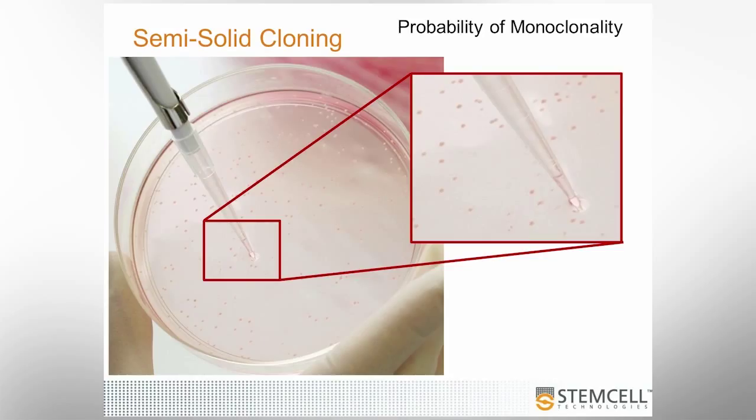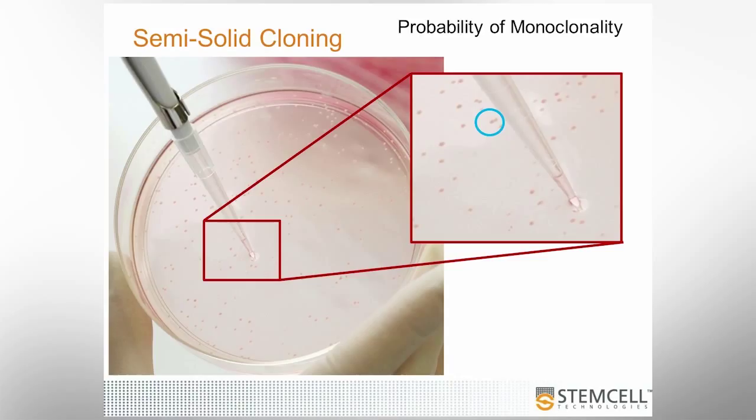So we can take a look at how you pick colonies in semi-solid cloning. If you take a look at these two colonies here that are very, very close together, you can see how picking colonies that would be further spaced apart would give you a greater likelihood of those colonies that you're picking being monoclonal.